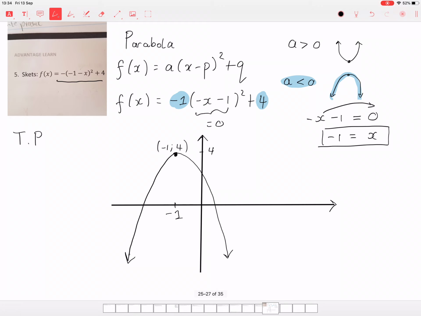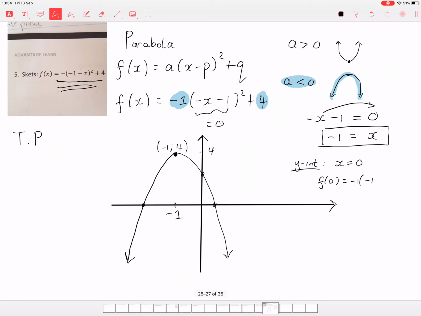Okay, you can now go find your y-intercept and your x-intercept. So let's go and do that. Remember how we did this? For your y-intercept, you must set x equal to 0. So f of 0 is equal to negative 1 times... I'm just going to use this formula here again.